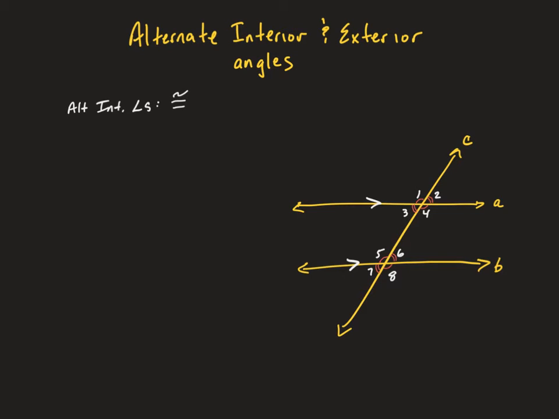And looking here, the alternate exterior angles, okay? Alternate exterior angles, so outside of my parallels. Alternate exterior angles would be 2 and 7. 1 and 8 are alternate exterior angles, and alternate exterior angles are congruent. We can see that in our markings, that 1 and 8 are congruent, and 7 and 2 are congruent.